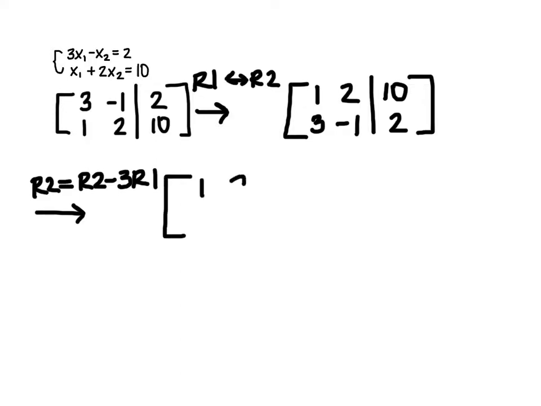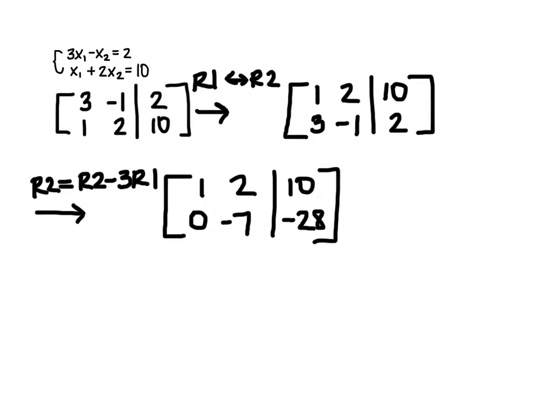The first row stays the same, but now I'm going to say 3 minus 3 times 1, which gives me 0. Next, -1 minus 3 times 2, which is -1 minus 6, gives me -7. And the last thing is 2 minus 3 times 10, or 2 minus 30, which gives me -28.